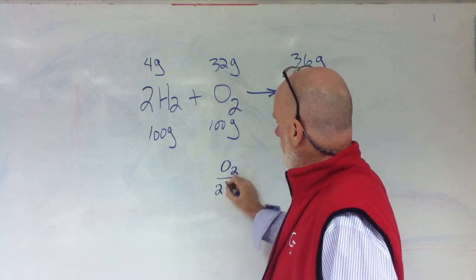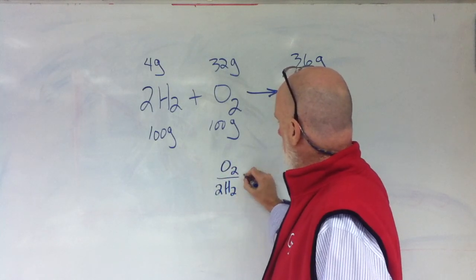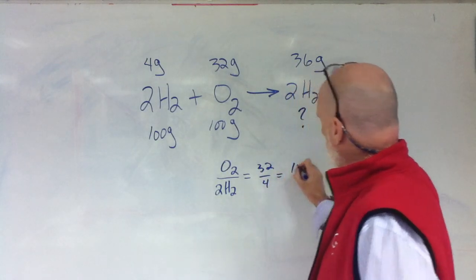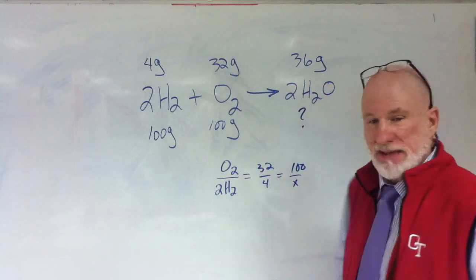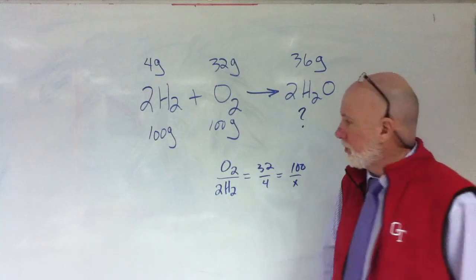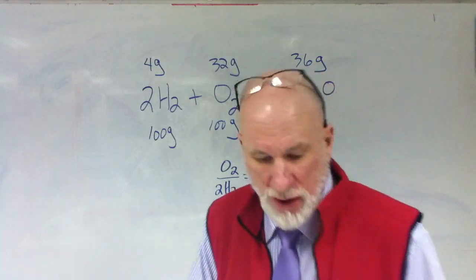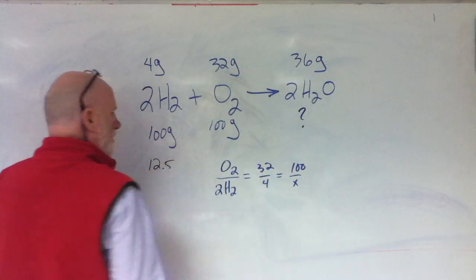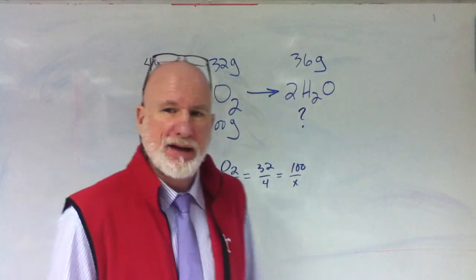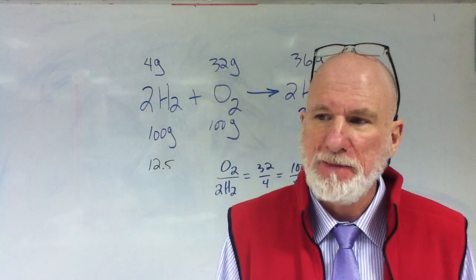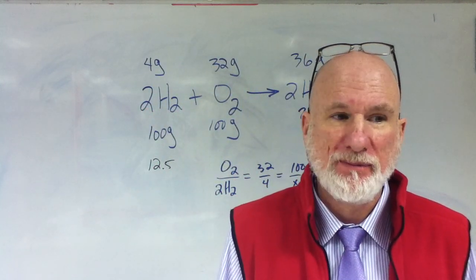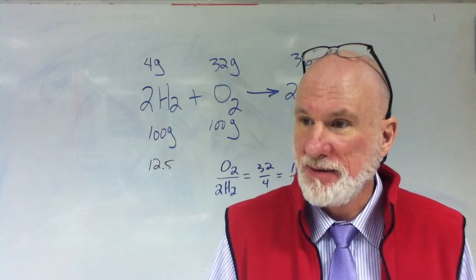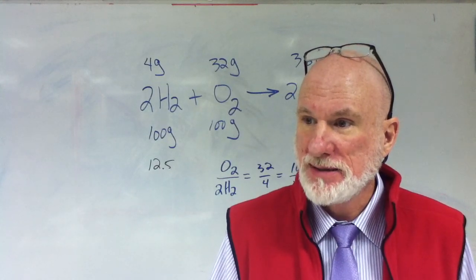Oxygen to hydrogen is 32 to 4, which equals 100 to x. So what's x going to be? 12.5. So I'm going to need 12.5 of this. Therefore, oxygen's going to be limiting, and hydrogen's going to be excess.